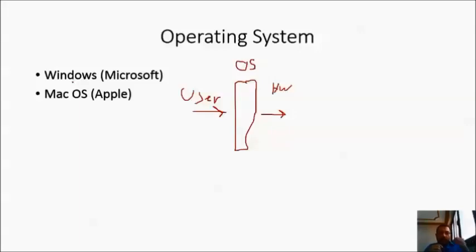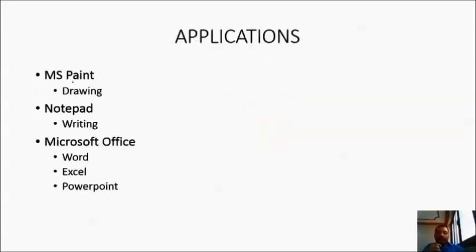So we started our lesson by introducing computer by dividing it into three parts: hardware, operating system and applications. For applications, for example, we have MS Paint, Notepad, Microsoft. We can divide the applications into general purpose applications, utility applications, and so on, or specialized applications.